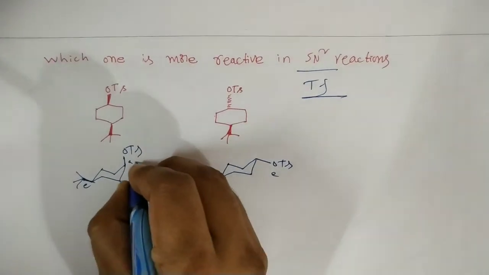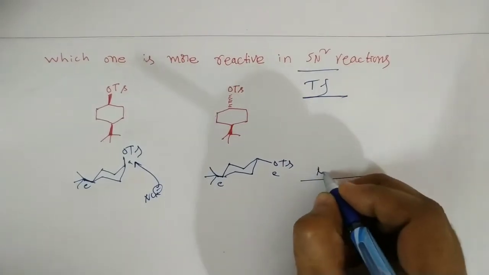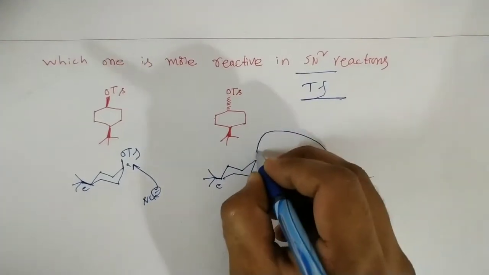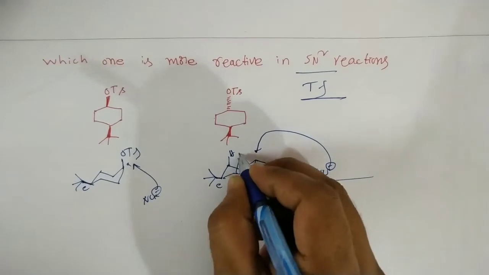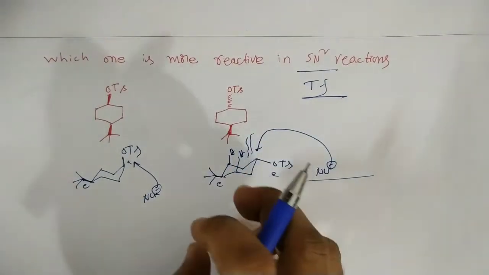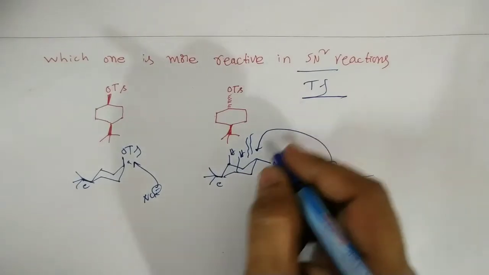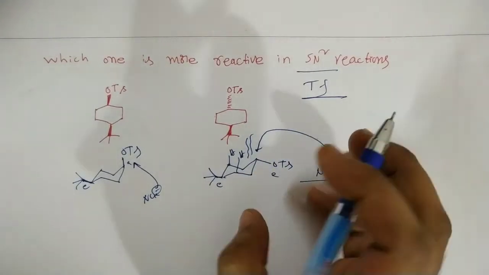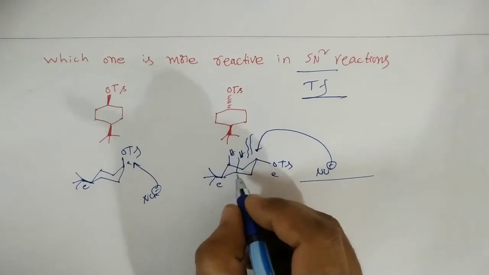So a nucleophile can attack from this side. If it is attacked by the nucleophile from this side, it experiences repulsions with the axial hydrogens. Whenever a nucleophile attacks this carbon, it faces repulsions, that means 1,3-diaxial repulsions.